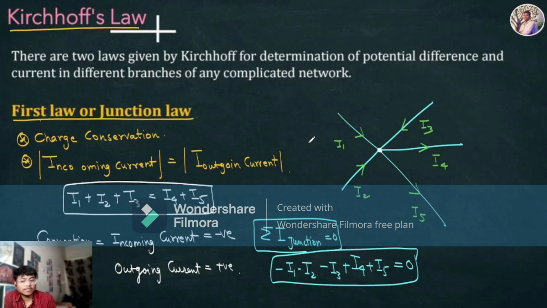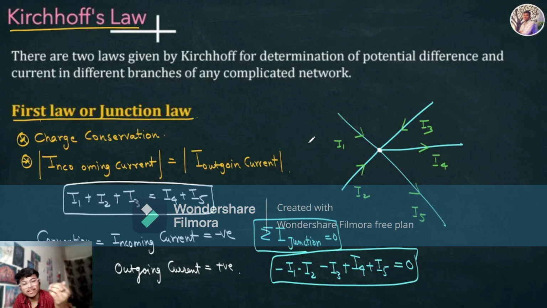The first Kirchhoff's law is that all the current coming in is equal to the current outgoing. So the sum at a point is zero, of the incoming and outgoing.